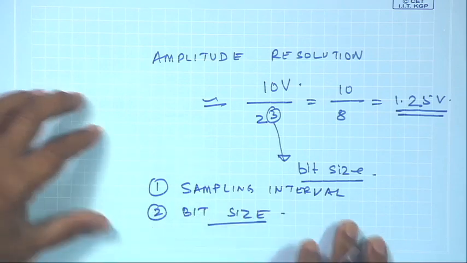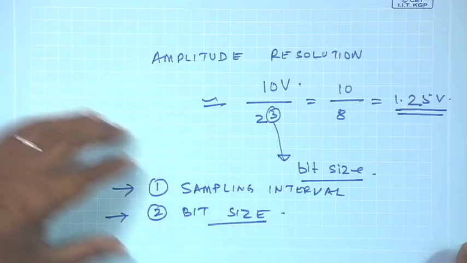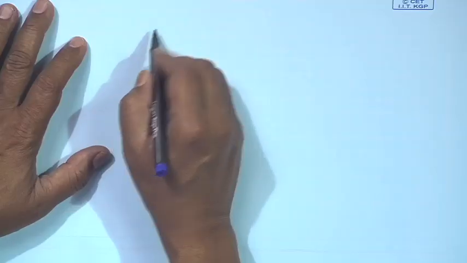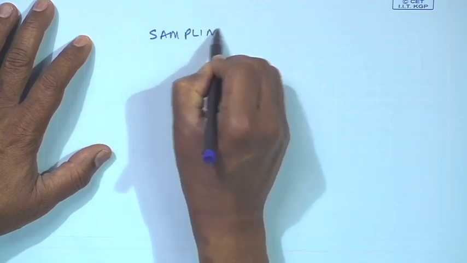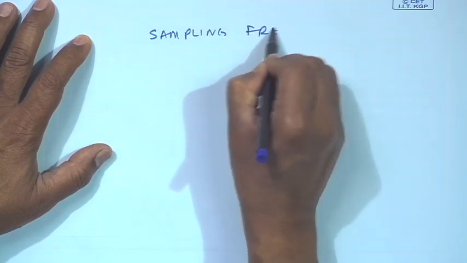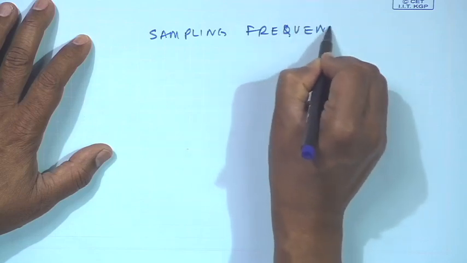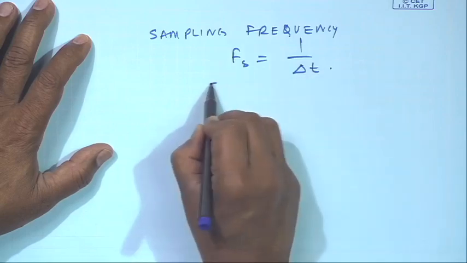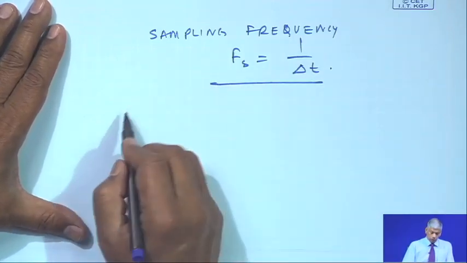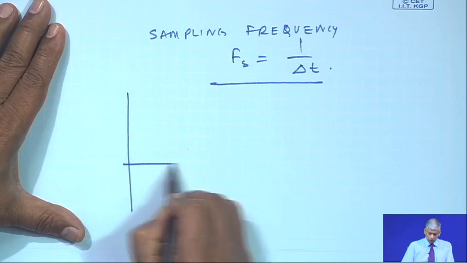So, today if I go to buy hardware for analog to digital conversion, these are the two important features one has to look for, or the specifications. And by the way, sometimes the sampling interval is related to the sampling frequency, f_s, which is nothing but 1 by delta t. So, this also creates another problem.